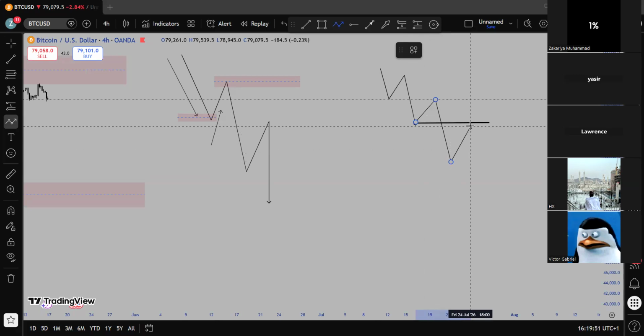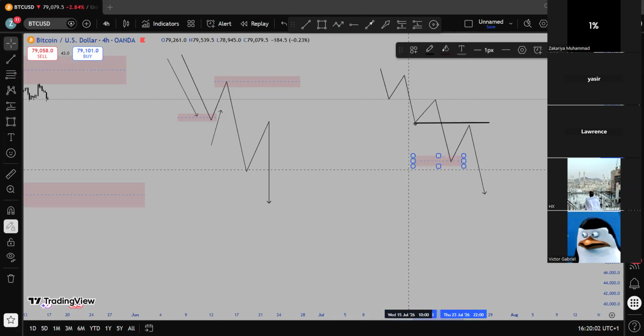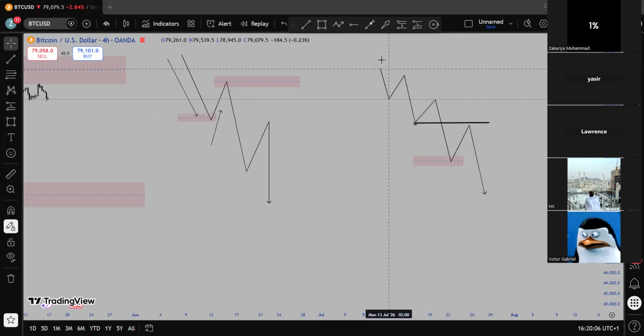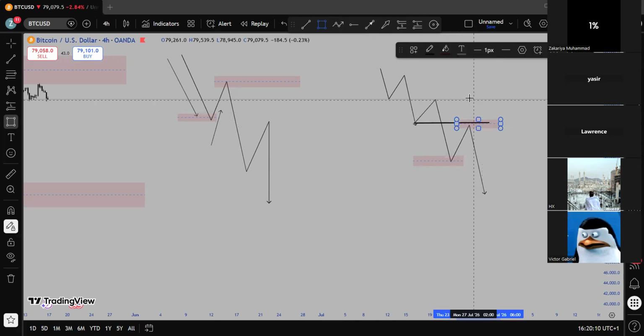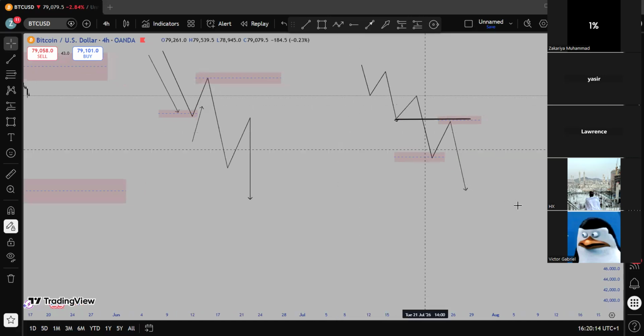Then we expect another impulsive move, then a correction move, then another impulsive move. All of these moves, the correction move and the impulsive move, come from zones. We talk about these two zones that we expect for the market to maintain this current structure.